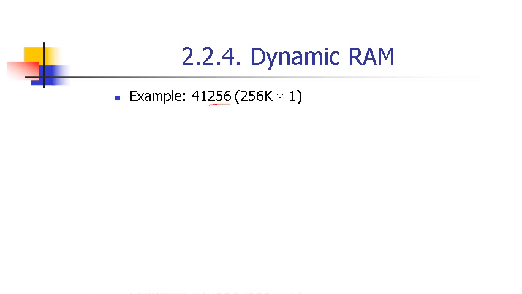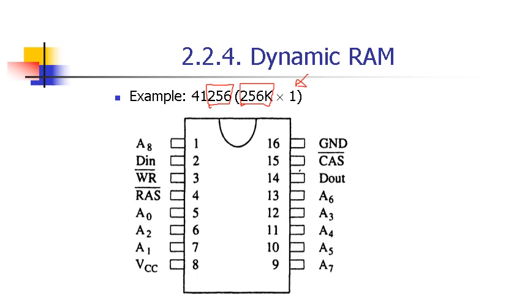Again, this is a dynamic RAM, a special purpose dynamic RAM, which has 256K memory locations, each of a single bit. Here you are, 256K, which means what? 2 to the power 18. So you need 18 address pins.